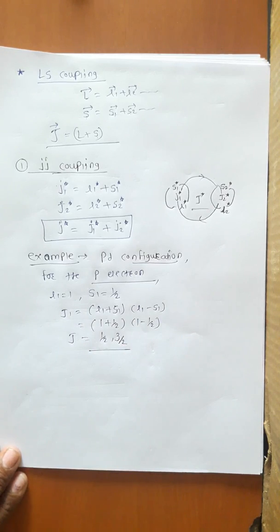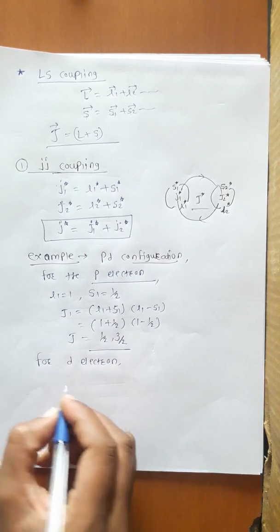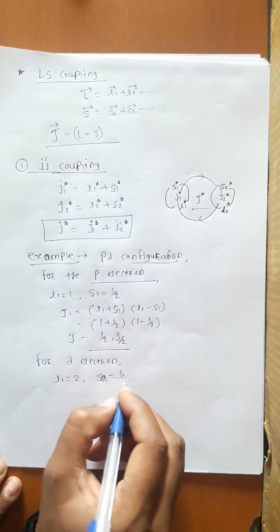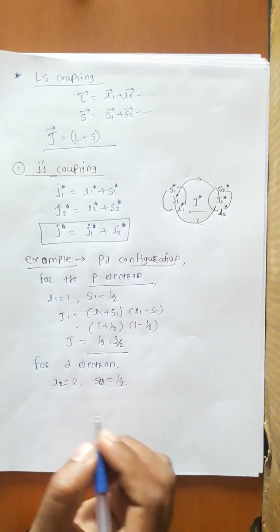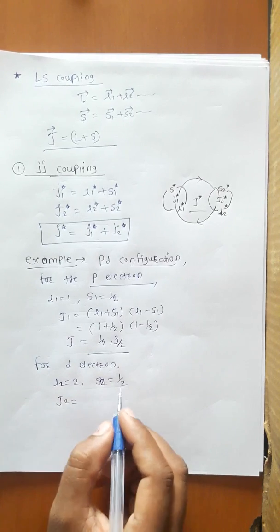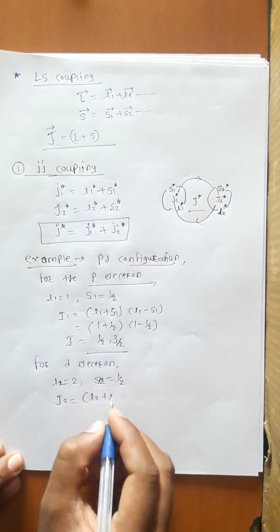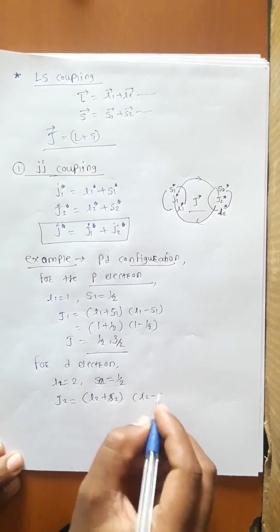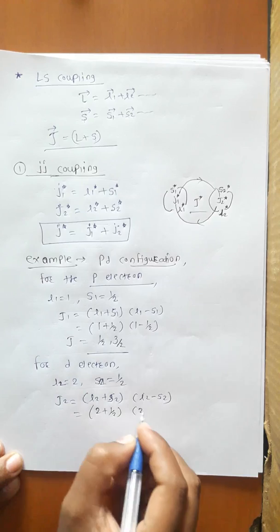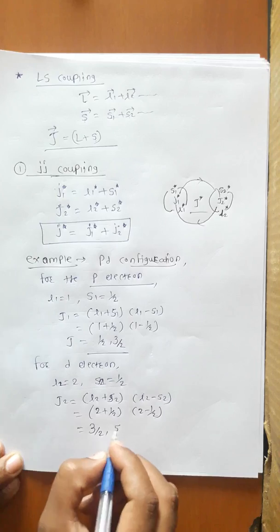For the d electron, L2 is equal to 2 and S2 is equal to 1/2. Therefore J2 is equal to L2 plus S2 and L2 minus S2, that is 2 plus 1/2 and 2 minus 1/2. We get the values 3/2 and 5/2.